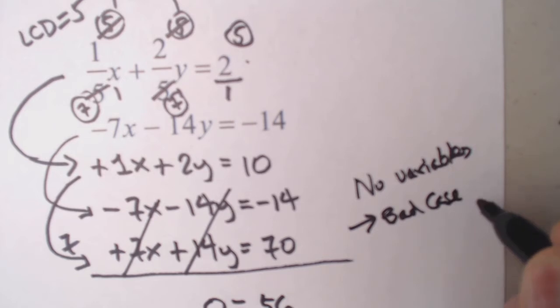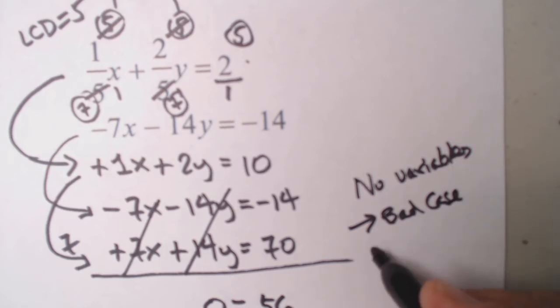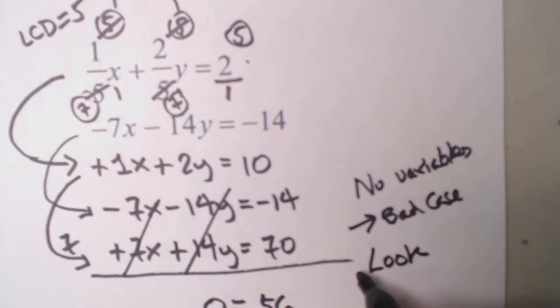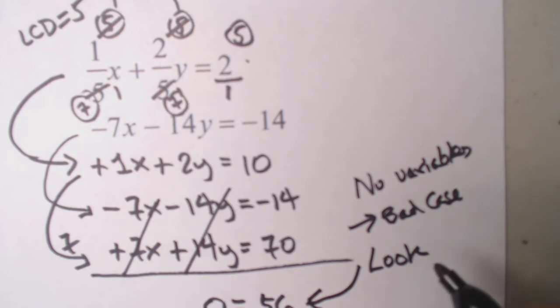Okay, now remember to figure out which one of the bad cases it is. And we only have 2: parallel lines and the lines on top of each other. You look at what's here. Now, as we pointed out in the last problem, if this is false, which it definitely is, I mean, 0 is not equal to 56, that being the case, that means you have different y-intercepts.